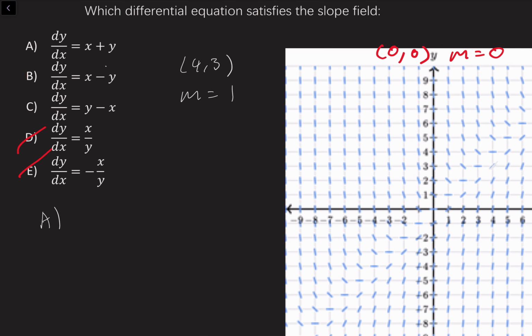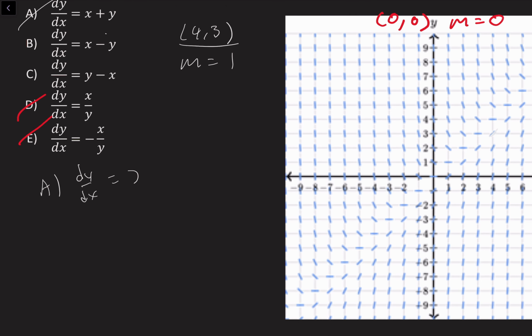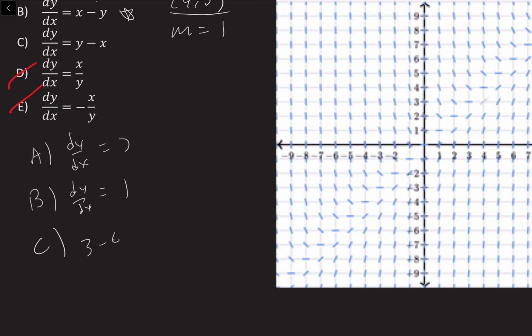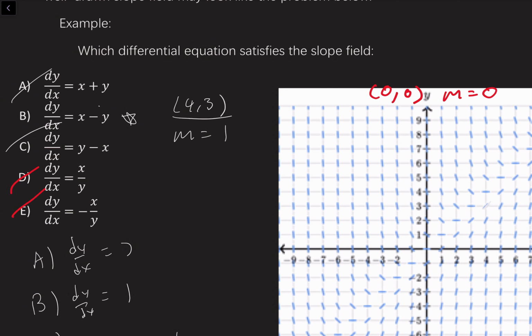For a, dy dx, we substitute this coordinate in. That's equal to 7. That is not a solution. Second one, b, dy dx equal to 1. That could be a solution, so we'll mark a star on it. Third one, c, 3 minus 4 equal to minus 1, and that's not a solution. So the only possible solution is b.